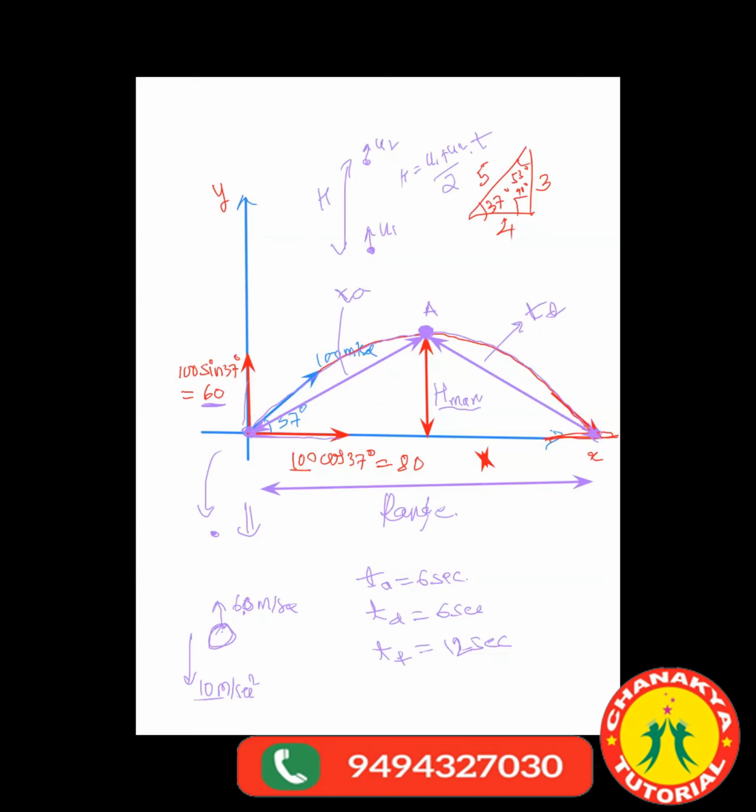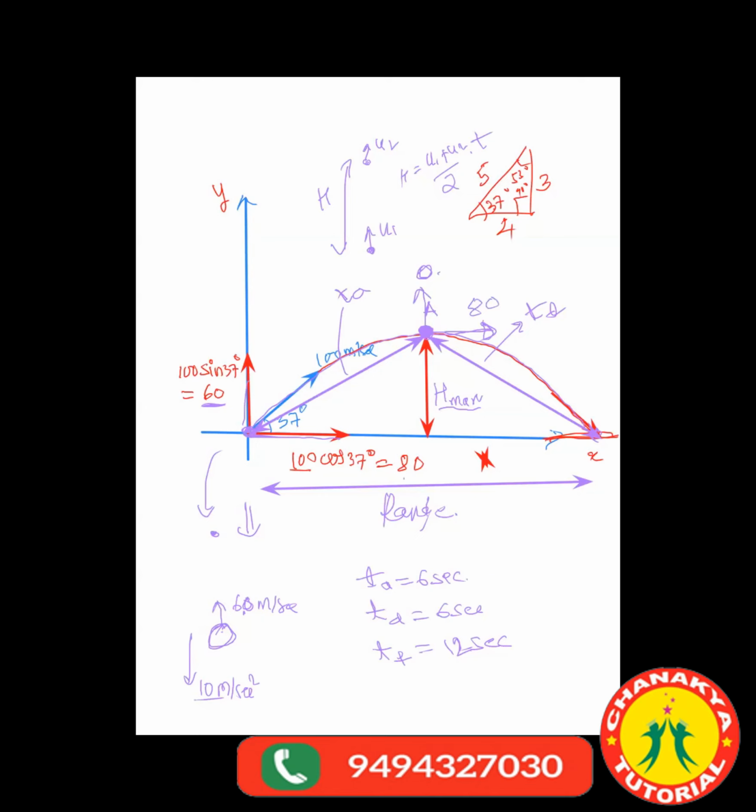The vertical component will be 0 because it is no longer moving up. Now it is coming down. So this is 0. Now the horizontal component, how much will it be? It will be 80. It will not change at all because there is nothing which can change this 80, because gravity is always in the vertical direction.